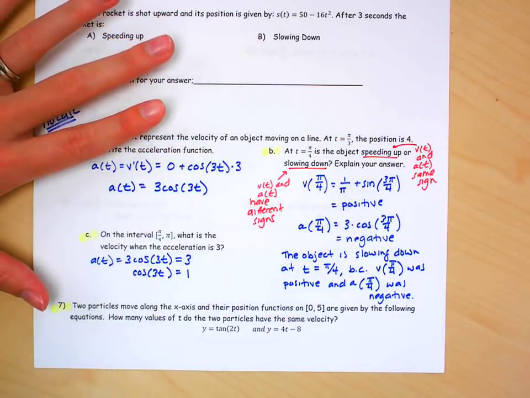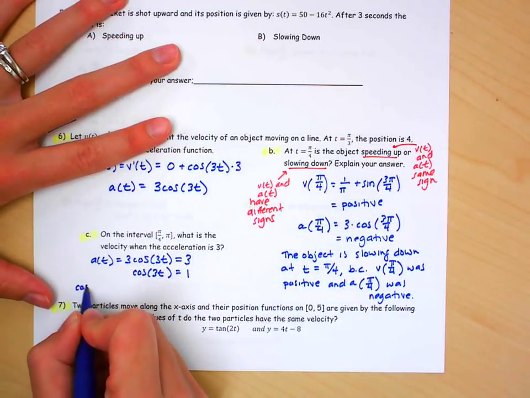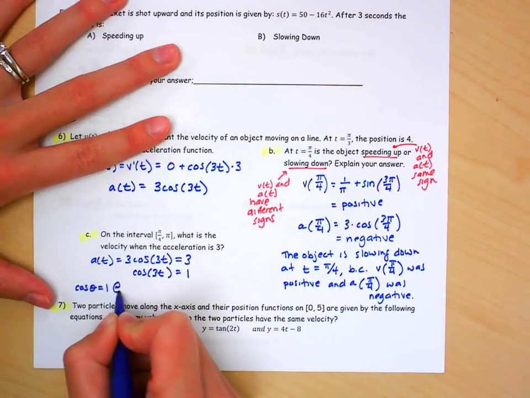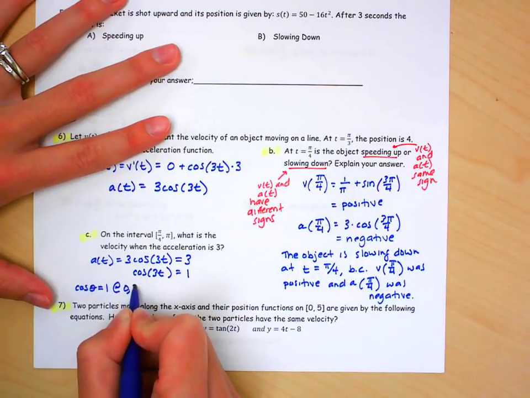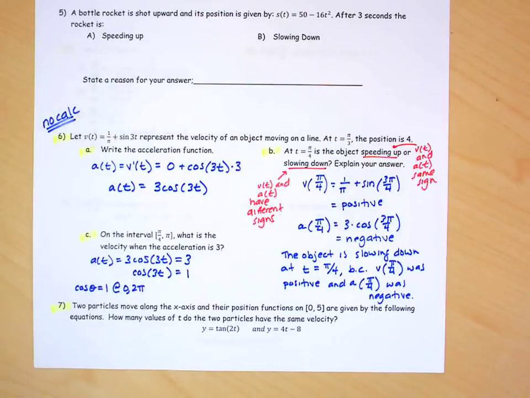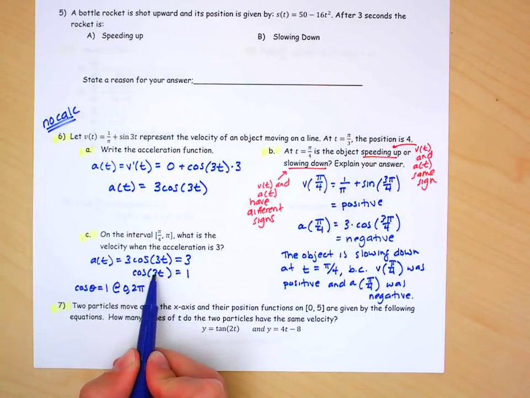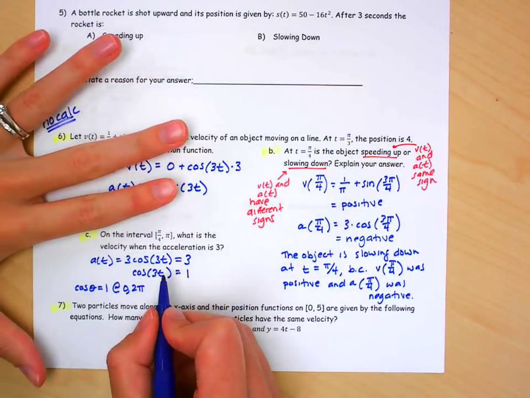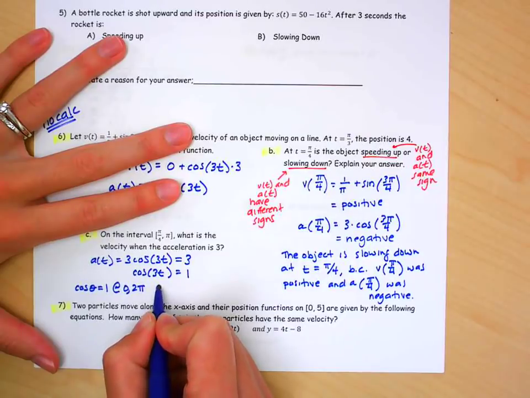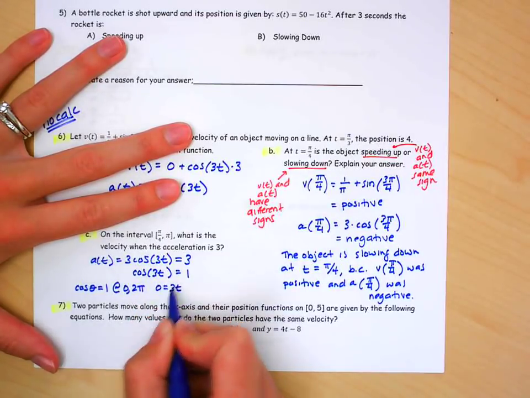I know that cosine equals 1 at 0 and at 2 pi. Okay? So theta, this thing here, is equal to 0 or 2 pi. So I'm going to check when theta is equal to 3t and when 2 pi is equal to 3t.